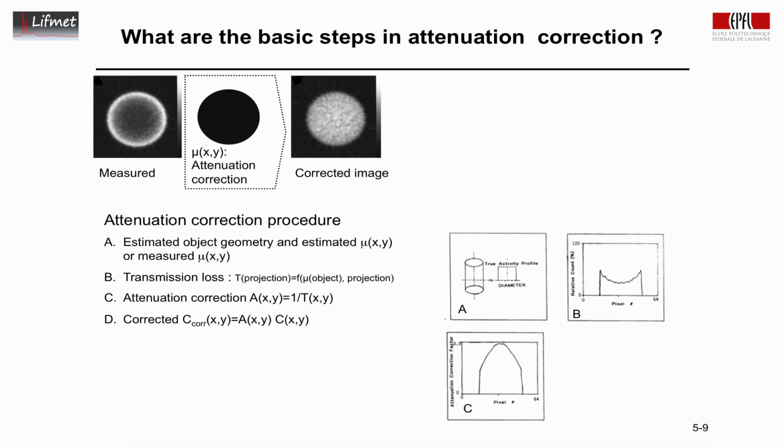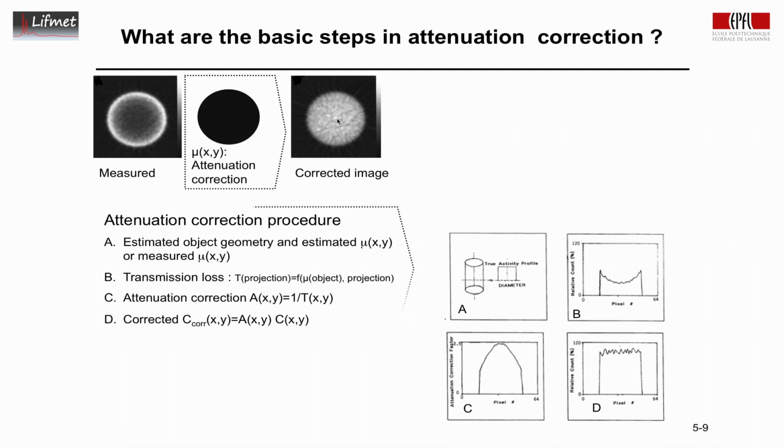And then we will calculate a corrected activity profile or image by multiplying these 2 terms, the measured activity C with the correction parameter A. And then we get the image here. So this corresponds to the correction calculated based on this, and this here corresponds to a cut through this, which is corrected. So that is in principle the attenuation correction procedure that one could apply.